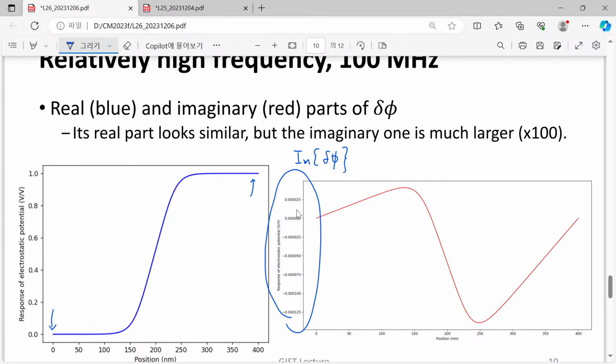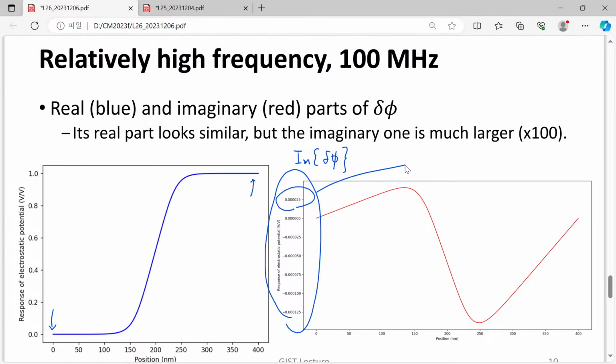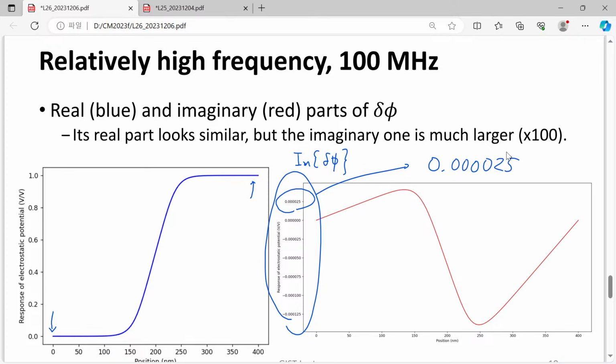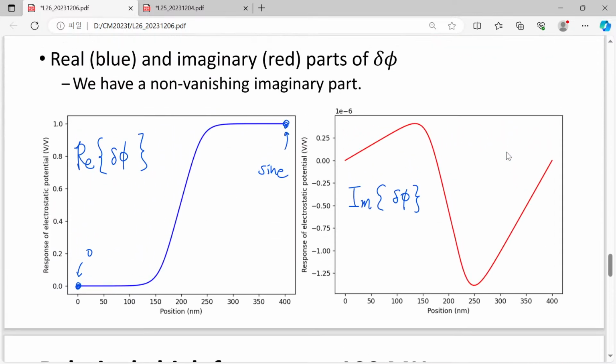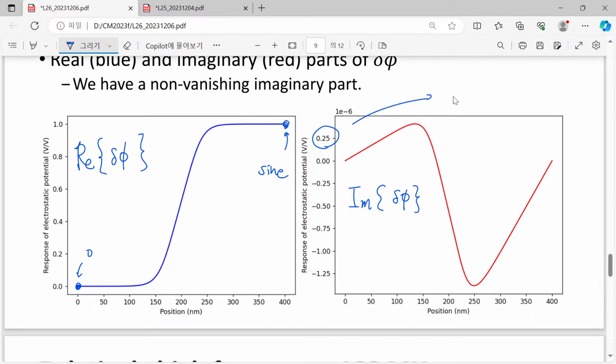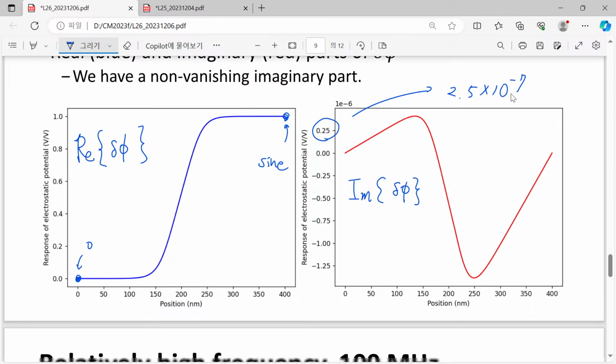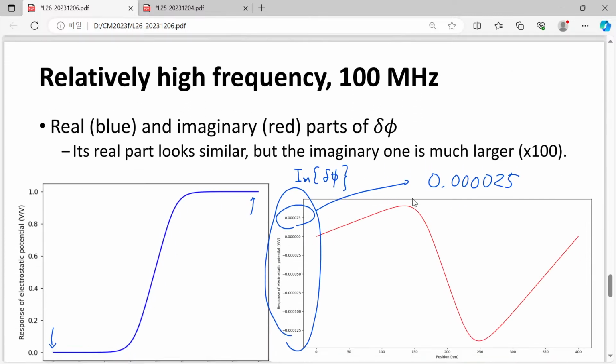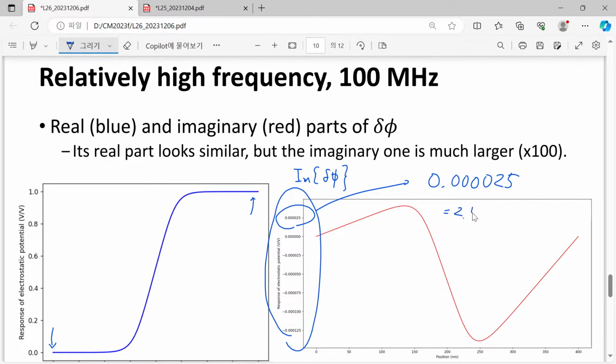And sorry about this small font, but that was the best I could do. Here you have 0.000025 compared with the previous number, 2.5 times 10 to the minus 7. That was 2.5 times 10 to the minus 7, and it is now 2.5 times 10 to the minus 5.